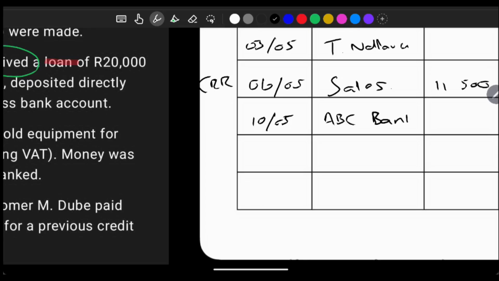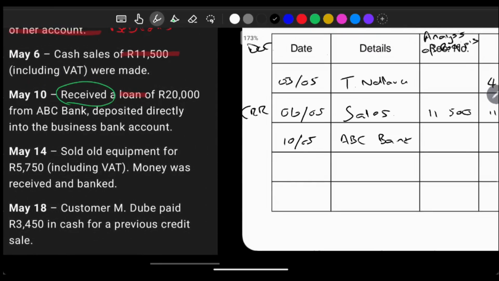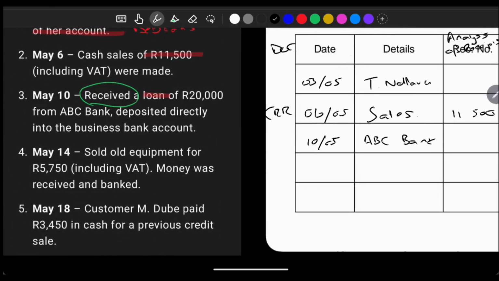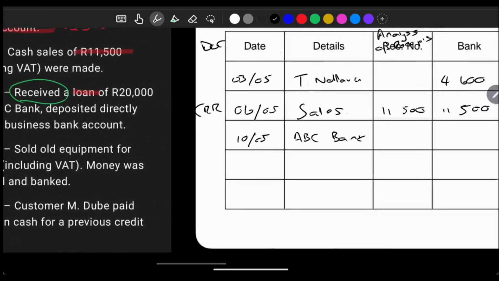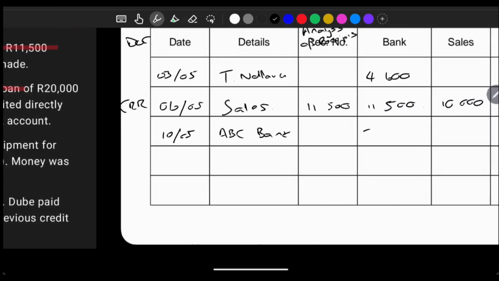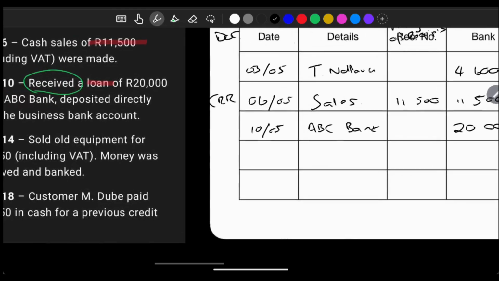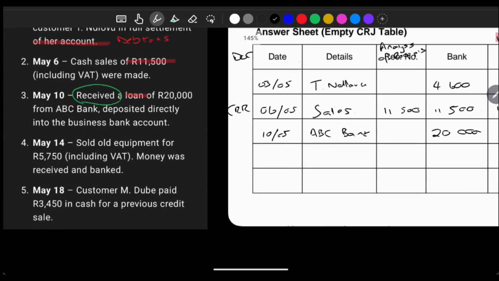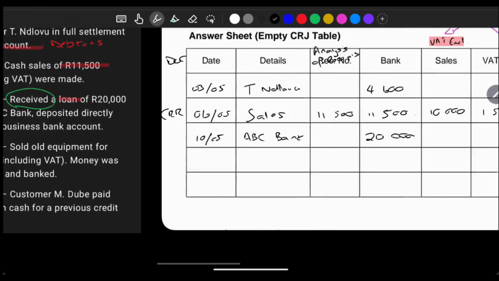Bank, right? Then analysis of receipt, no, because there is no sale here. And then we have 20,000 bank, right? What else? Now remember, you have to place information into two columns. Look at this.